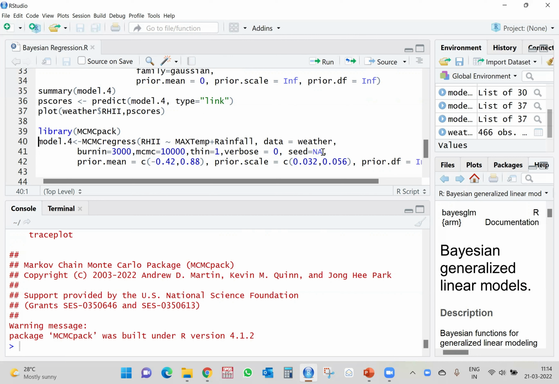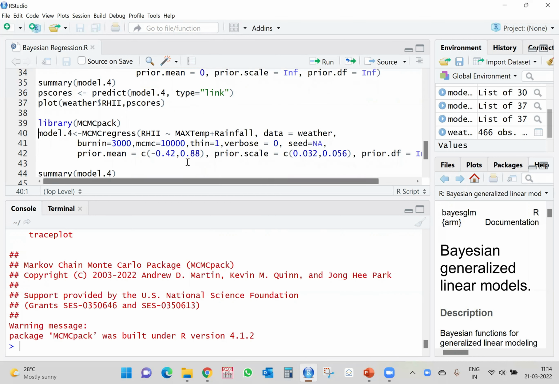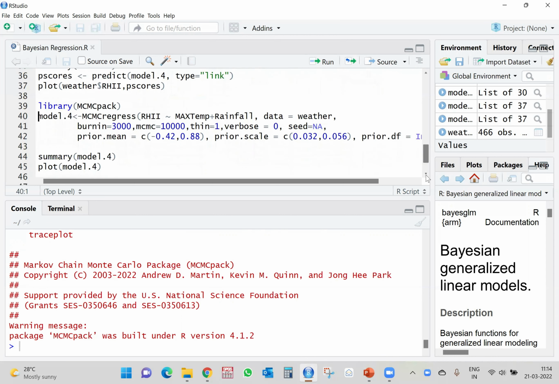Seed takes NA, which means it will take its own seed for the simulation, and it's possible here to specify the prior values of regression coefficients and their variances. These are coming from the empirical based regression model.